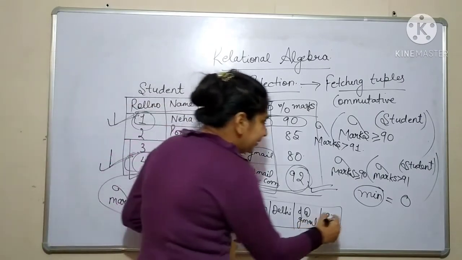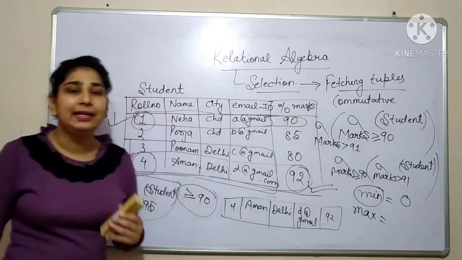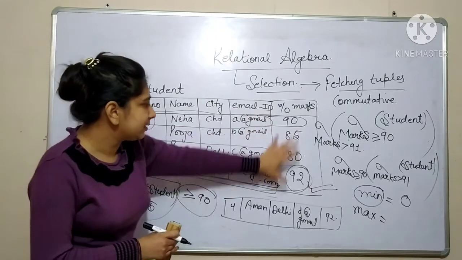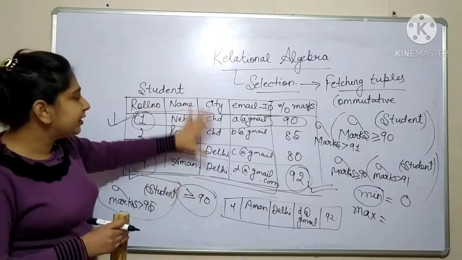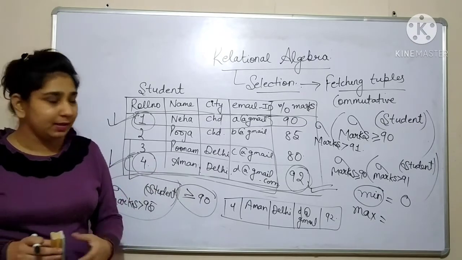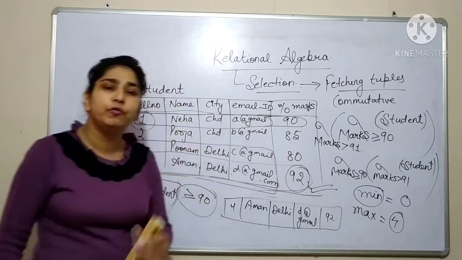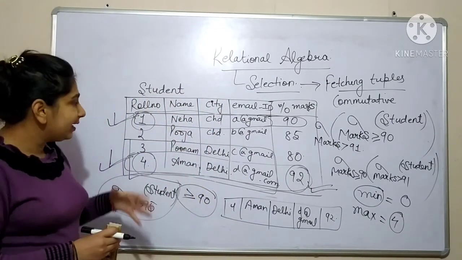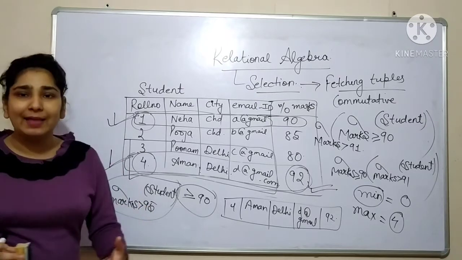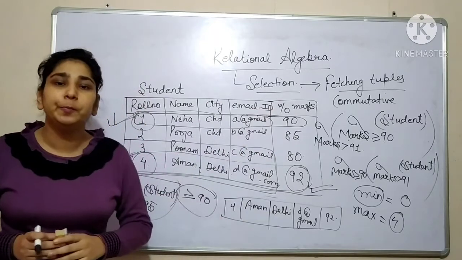And what is the maximum number of tuples we can get in the output? All of the tuples you can get in your output. The maximum tuples in this case we can get is 4. There is a chance that if we give a condition in such a way, you can get all of the tuples in your output.